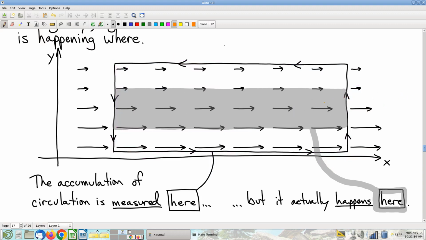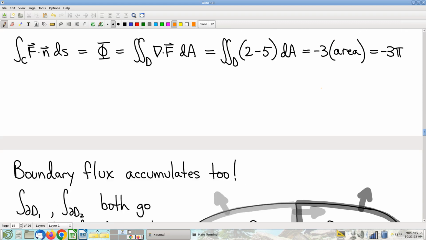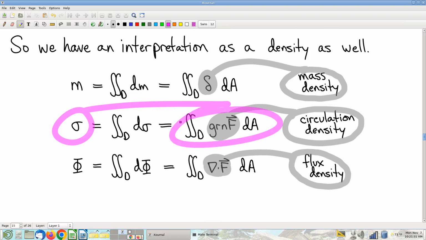So let's see here. We have divergence. Same story, right? So remember we saw this observation here that Green's theorem allows for viewing Green's operator as a density, and thus all the observations that we just made.